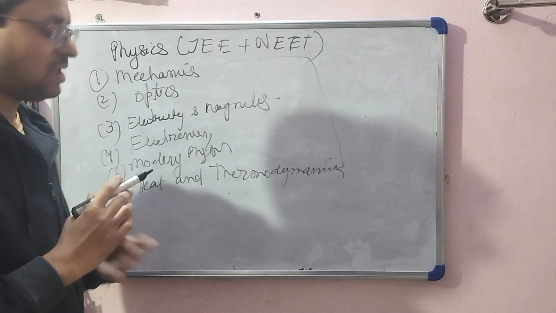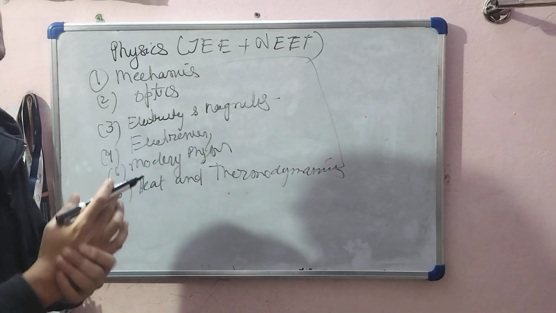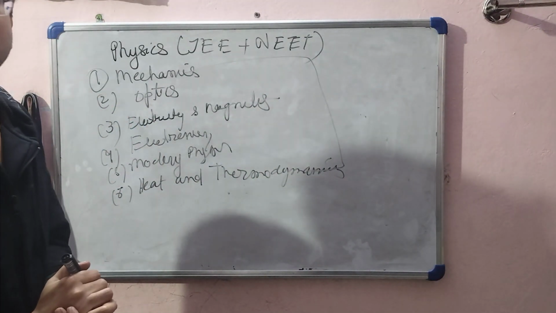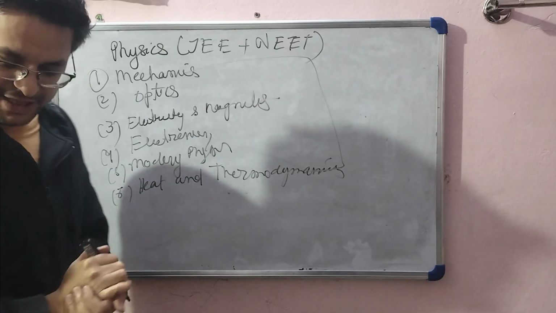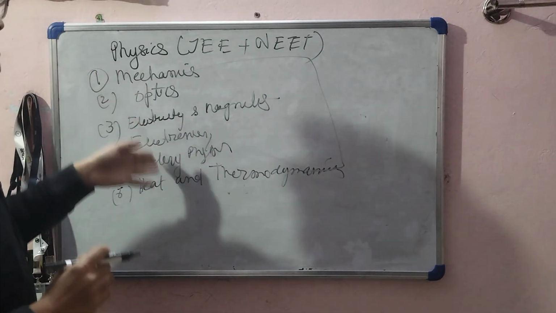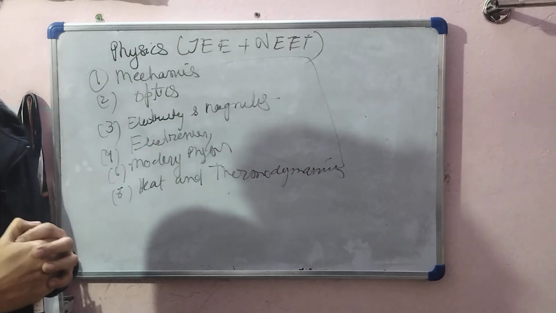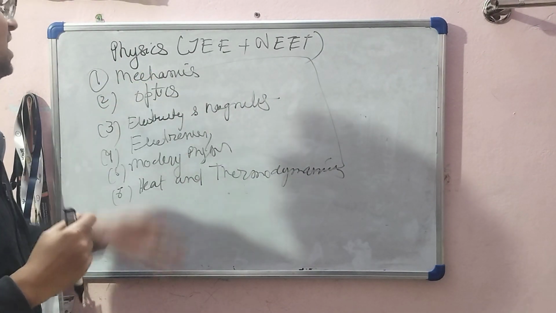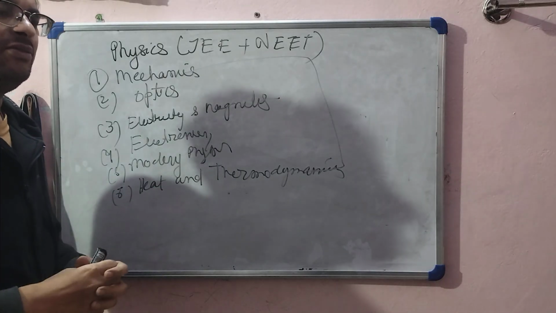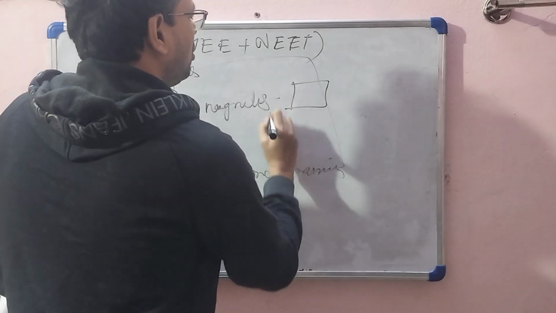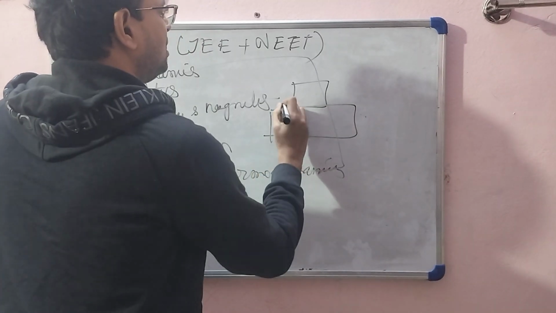So I have started this series, especially as a contribution to the students, by Dr. Engineer Ratnesh Gupta. There are mechanics, optics, electricity, magnetism, electronics, modern physics, and thermodynamics, and there are different devices in mechanics. A very common point is this is the block, and there is friction.